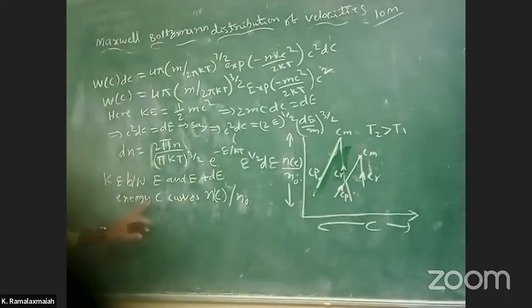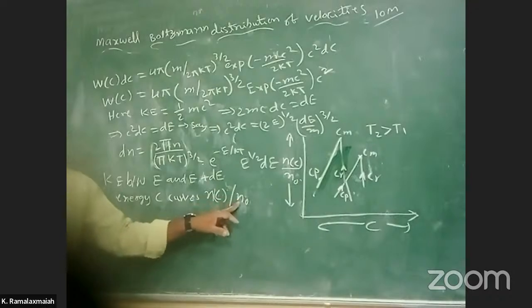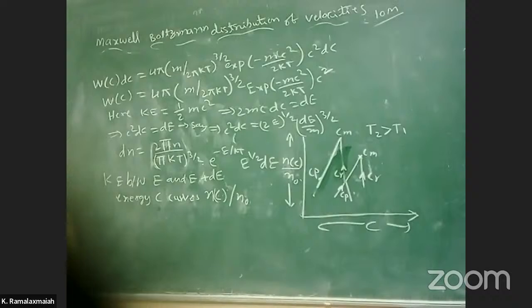As the temperature increases, the curve becomes flatter, with more molecules having higher speed. Now the most probable speed CP.